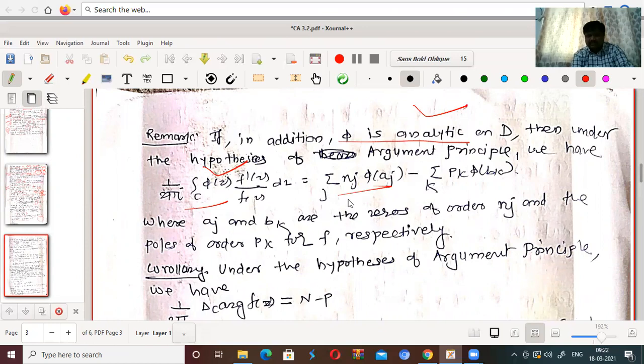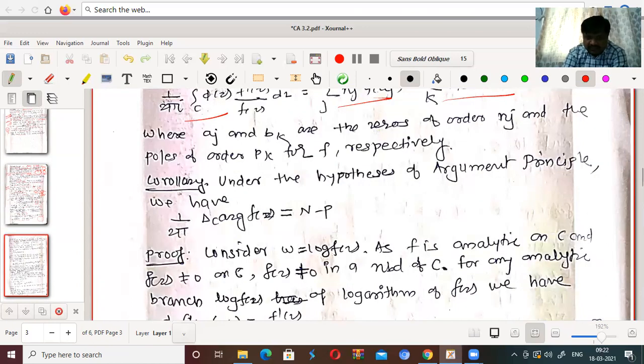So the summation over j of nj phi of aj minus the summation over k of pk phi of bk. You are multiplying only by phi z because phi z is analytic at every point. Okay, it is analytic since it also has no poles. It has no additional poles, where aj and bk are the zeros. If it has zeros, then that time it is zero, so that will not affect this order.